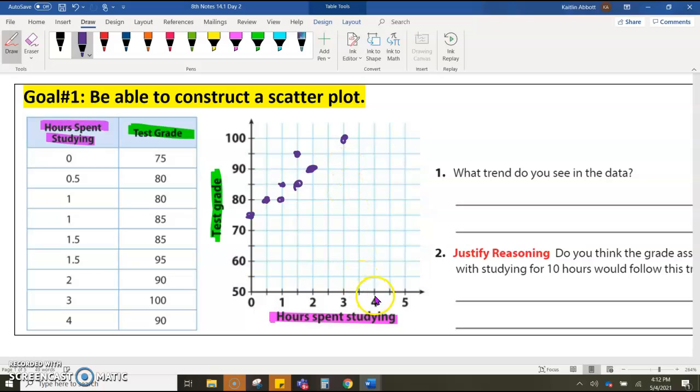And 4 hours and 90. Okay, so we have all of our points on here.